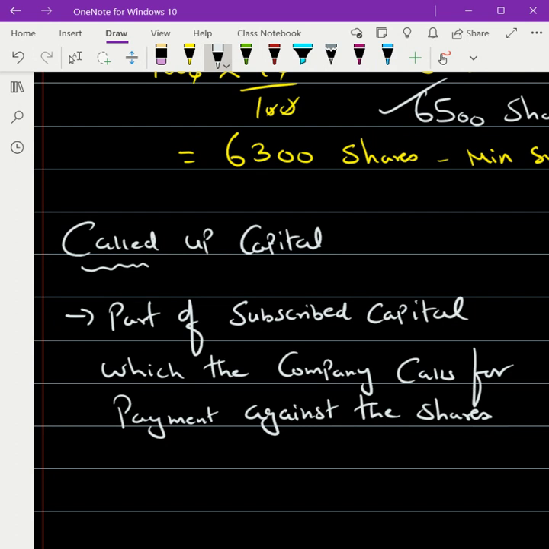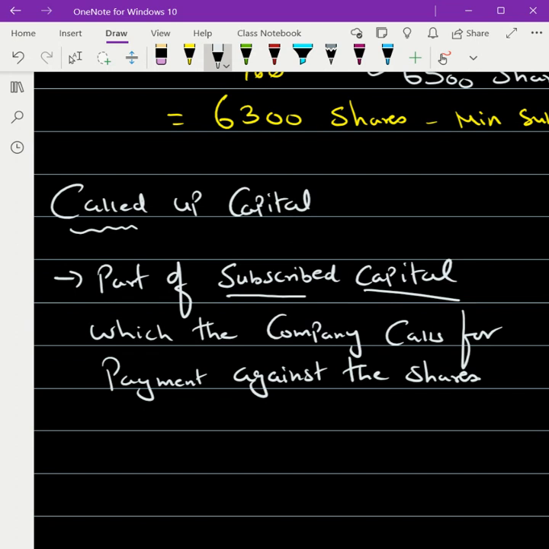Now, as said here, it is a part of your subscribed capital. So that means whatever calls you make, you will calculate them only on the subscribed capital. Am I making it clear to you? That's the reason, even in case of over subscription, initially the application money alone you calculate on the number of applications received.